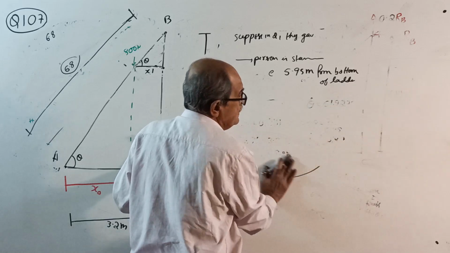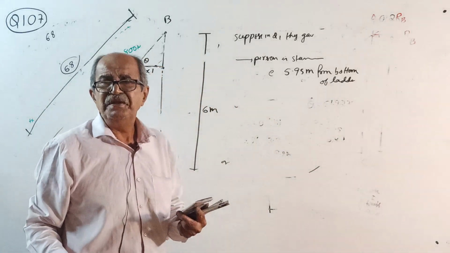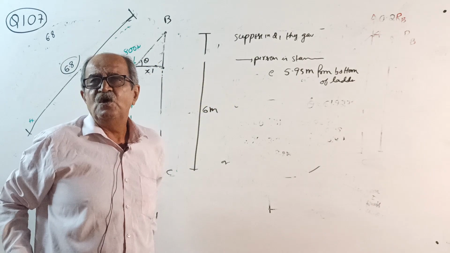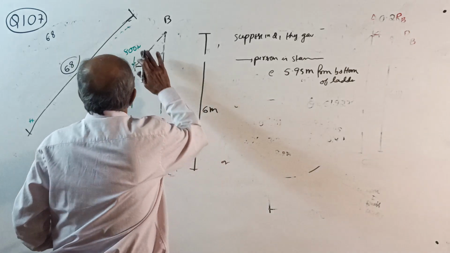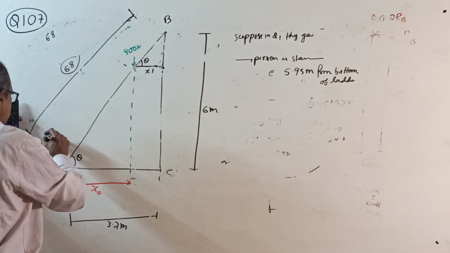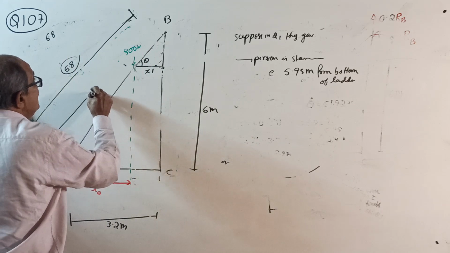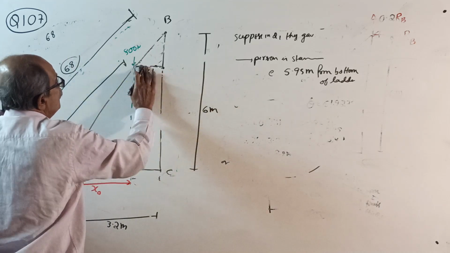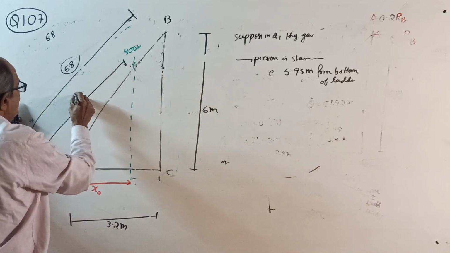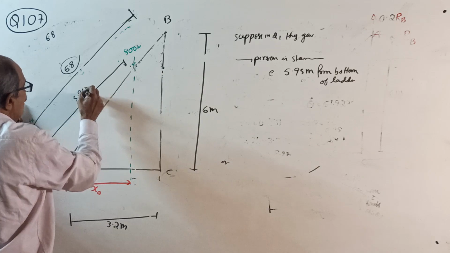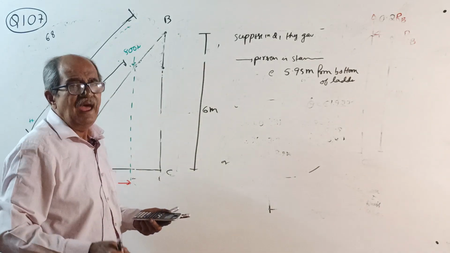You write everything. Even if it is clear, it is useful for you. That means in the question they are telling you this distance, along the ladder. Or they may tell clearly along the ladder.